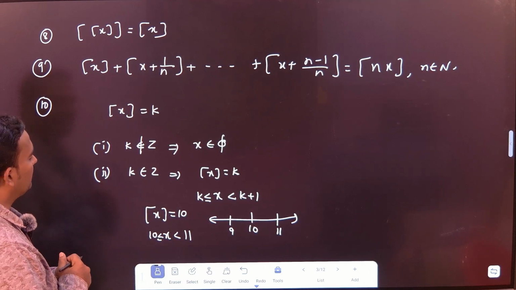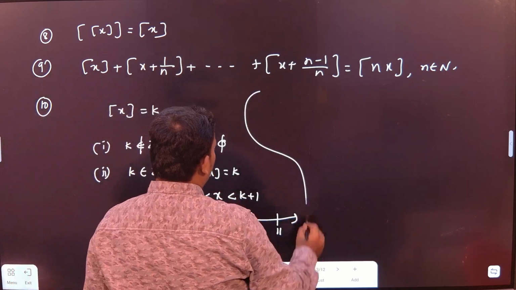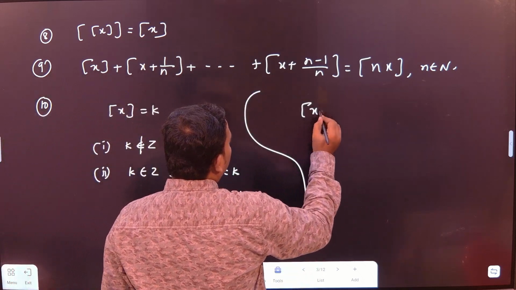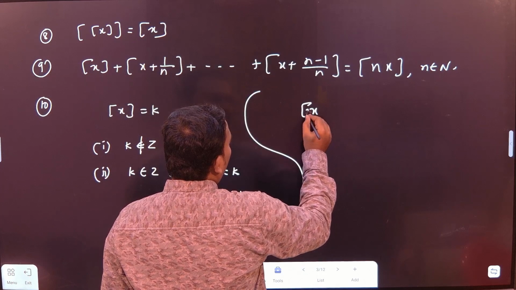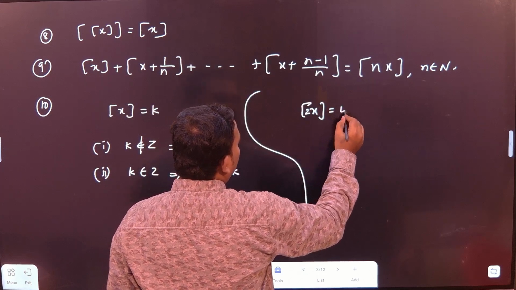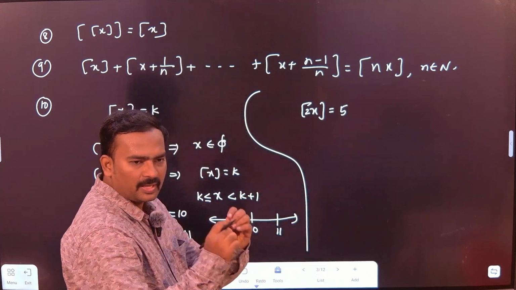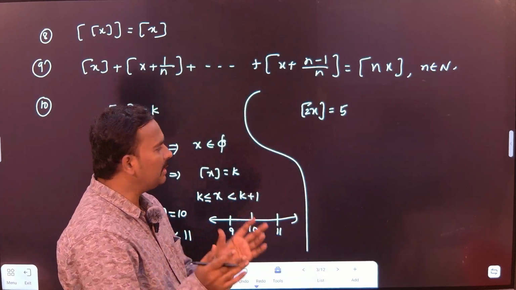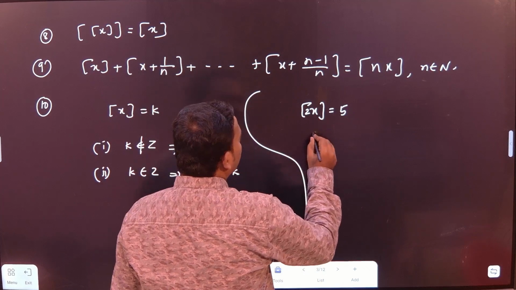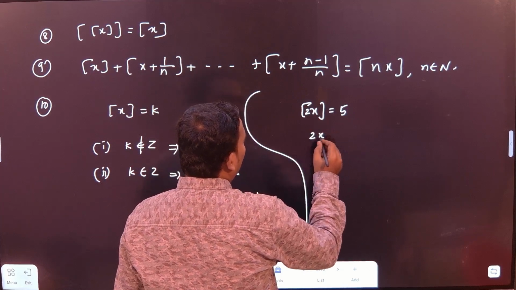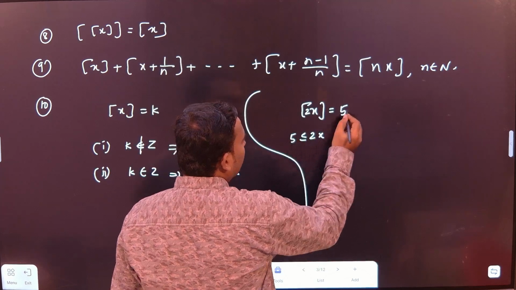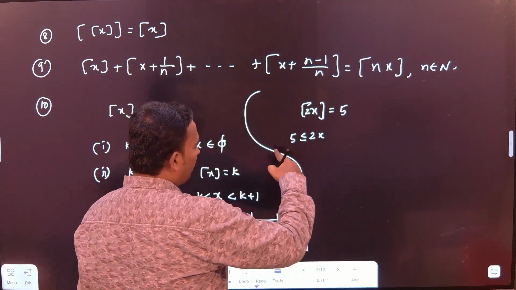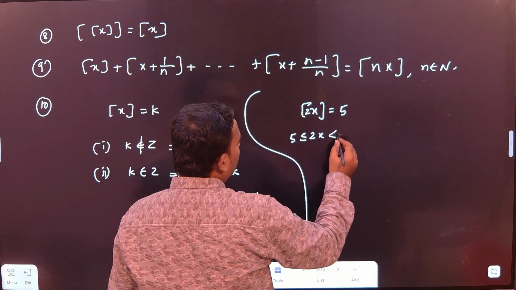Okay, fine. Let's take one more example. Suppose the greatest integer function of 2x is equal to 5. What is the x value? Where can you take the x values? By definition, 2x is from 5 to 5 plus 1, that is 6.